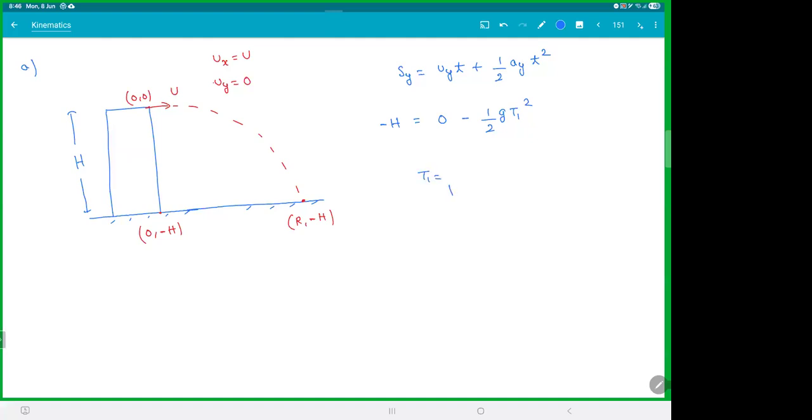If you notice, this is the same answer as the problem where you dropped a particle from rest, because when you drop a particle uy is 0, and here also uy is 0. So for time, what matters is only the vertical component. This is your time of flight. And be careful, don't remember this for everything. This is valid only for horizontal projection.